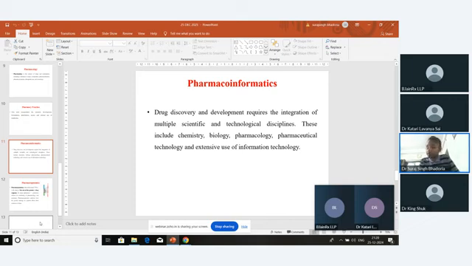This includes chemistry, biology, pharmacology, pharmaceutical technology, and extensive use of information technology.